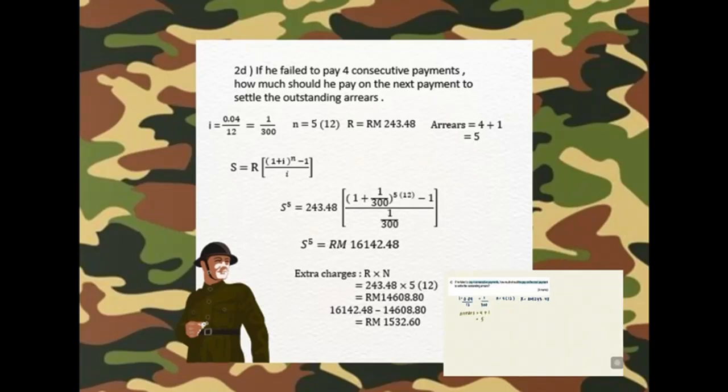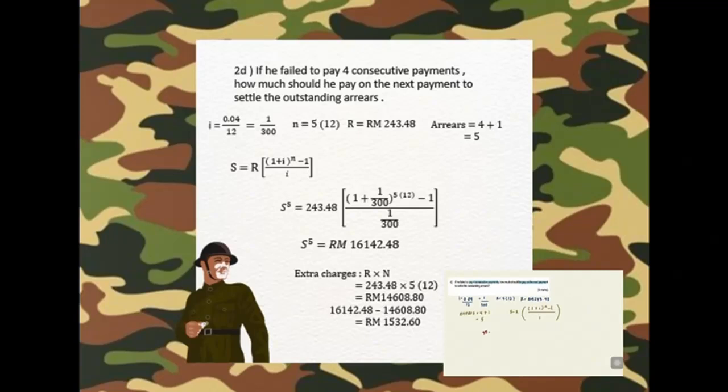So, we're gonna use the formula of future value of ordinary annuity, which the formula is S equal to R in bracket 1 plus I in the power of n minus 1 divided with I which equal to the amount of annuity of the investment.